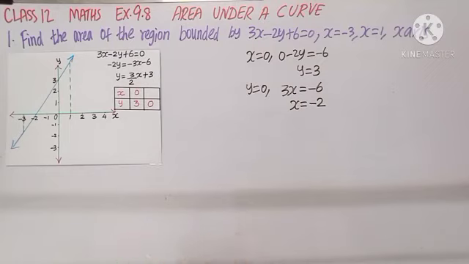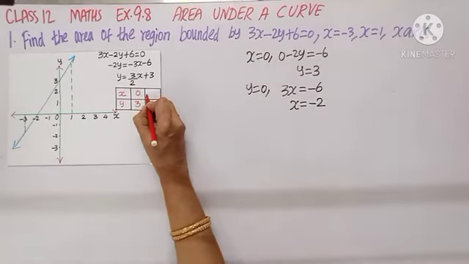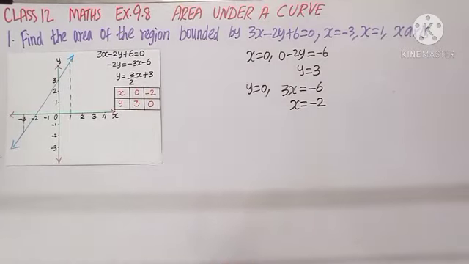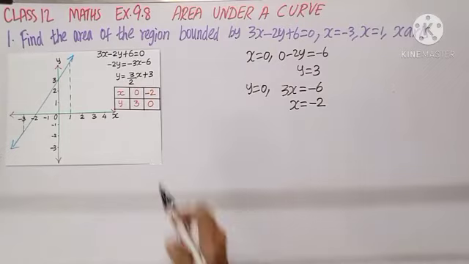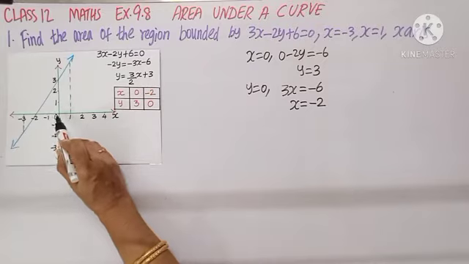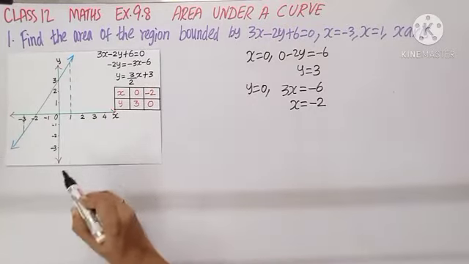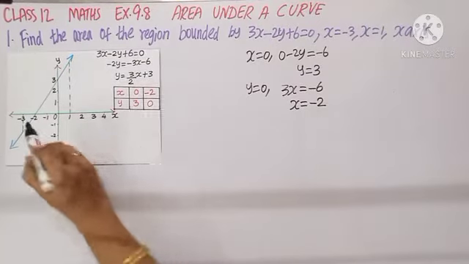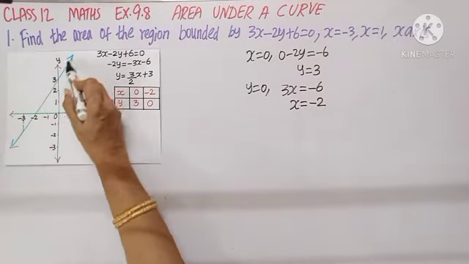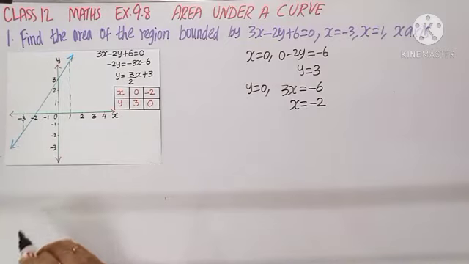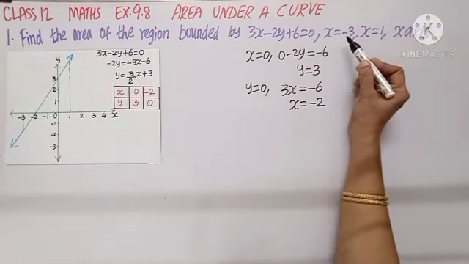So we get x value minus 2 when y value is 0. Once I know, let me plot it. 0, 3, the point is here. Minus 2, 0, the point is here. Draw the line.